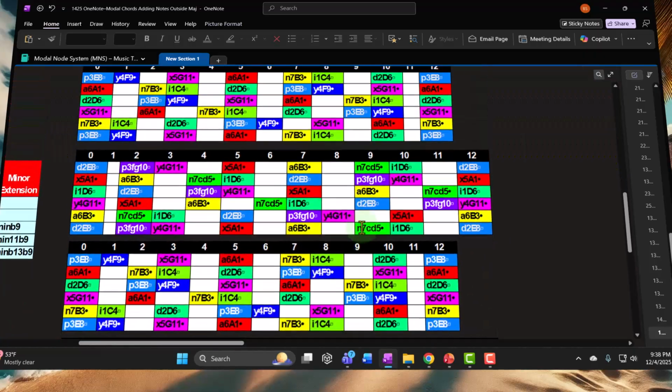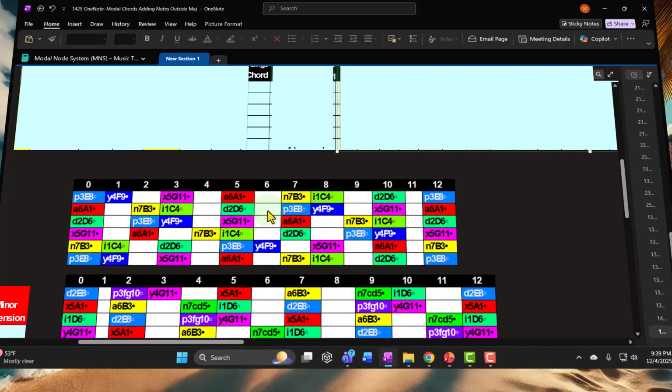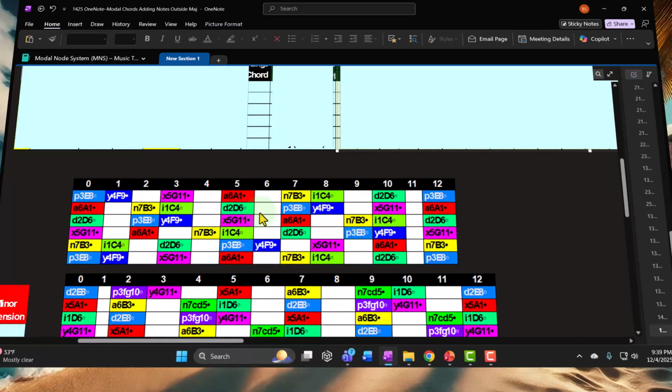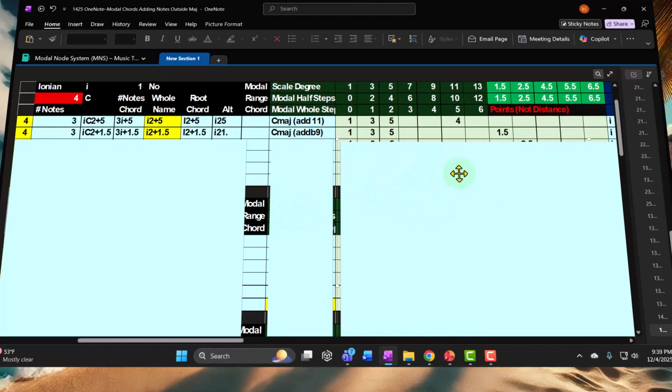In other words, if I look at this fretboard, it's easy for me to build a chord and say, okay, if I put my finger in one of these spaces that are not colored, that's going to be one that's outside the collection. How do I name it? Well, the one to the left of it, in this case, is a Dorian. So that would be a Dorian sharp or Dorian ocean, or a 2.5 point chord.